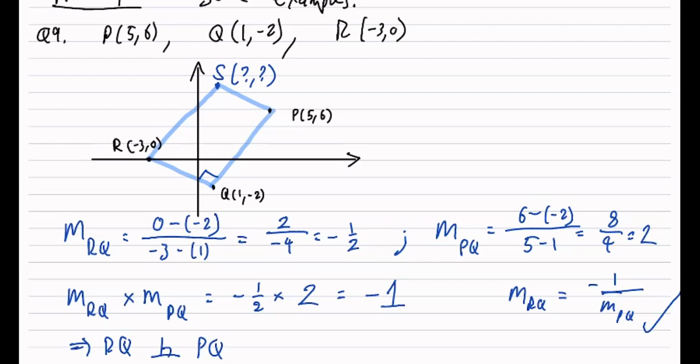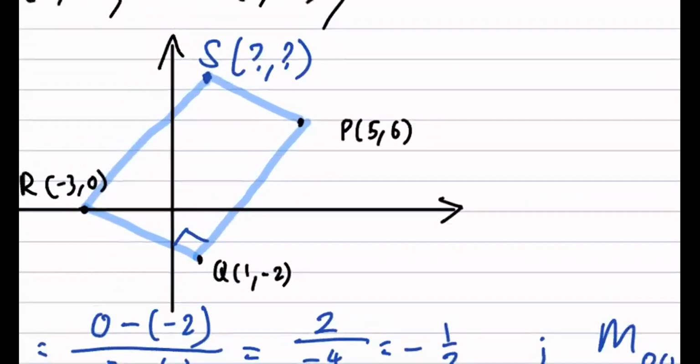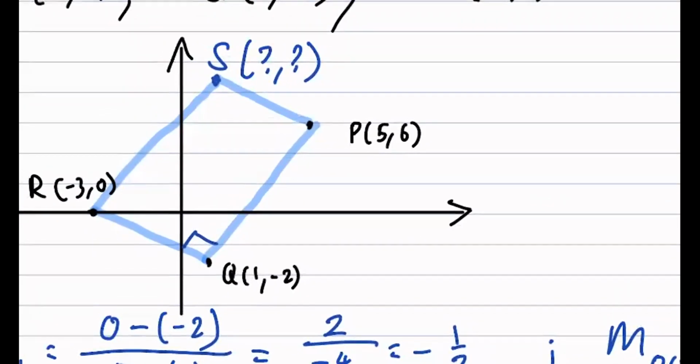Then next, you want to find the coordinates of the point S such that PQRS is a rectangle. So you can do the trick again. Horizontal, vertical, horizontal, vertical. Do you want to try? Okay. Maybe I zoom in. Calculate.